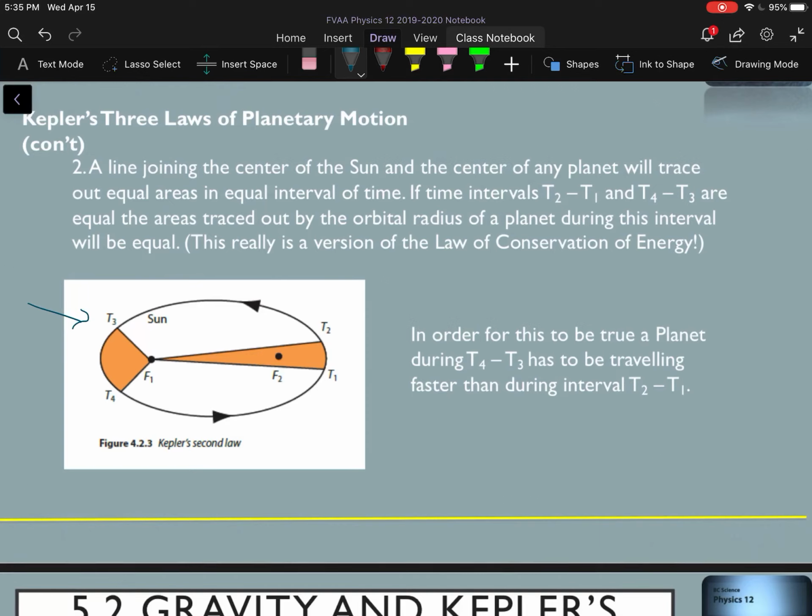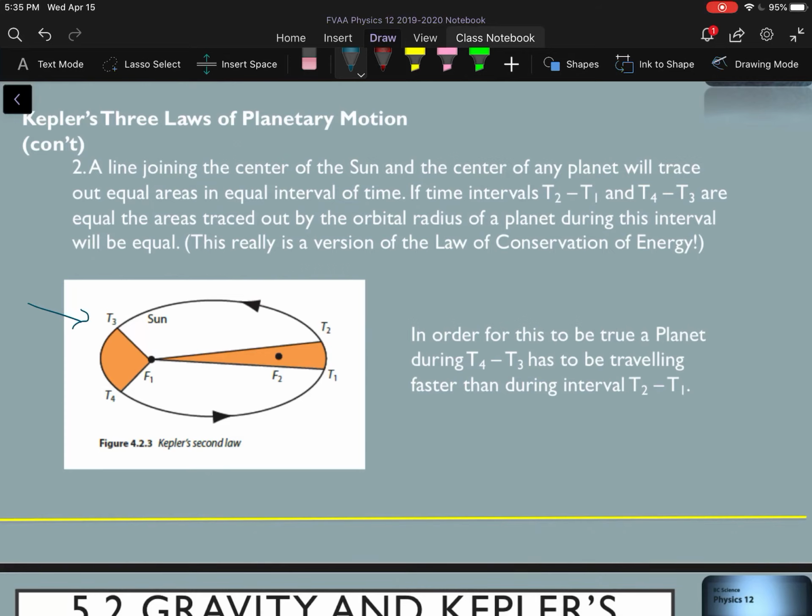If the time intervals t2 minus t1 and t4 minus t3 are equal, the areas traced out by the orbital radius of the planet during those intervals will be equal. That's quite a long description.